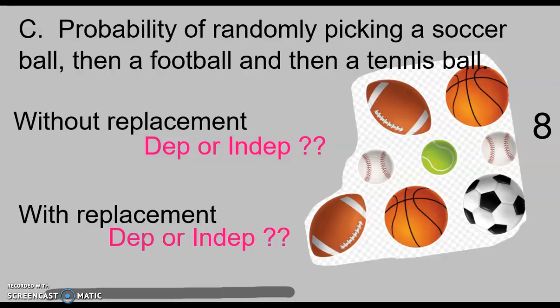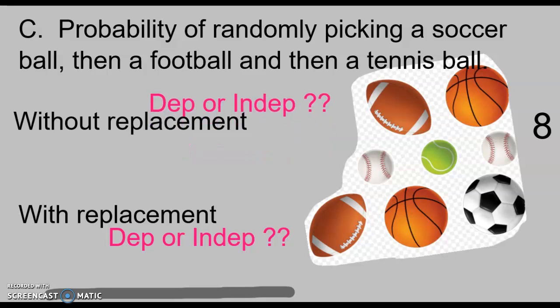How about probability of picking a soccer ball, football, tennis ball? Well, if I don't replace them, I pick something and then I keep it out, that changes what's left in my bag here. So that would be dependent events. So let's do that one first. Probability of picking a soccer ball, 1 out of 8.